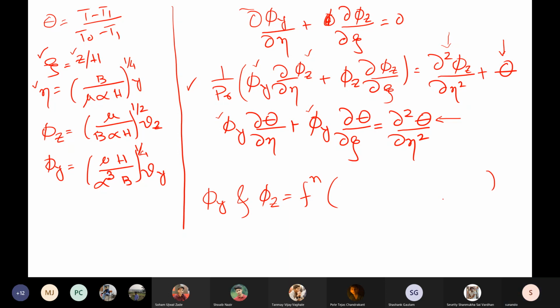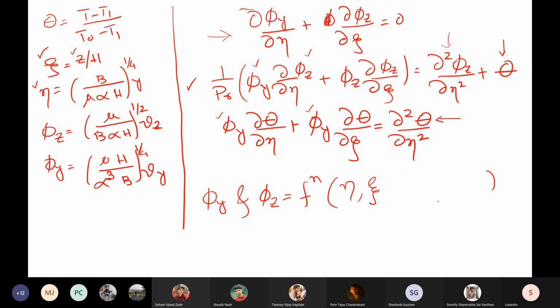Which independent parameters they are going to be functions of? If you look at this expression. Theta and zeta. Eta, zeta. Anything else that you think it is going to be a function of?